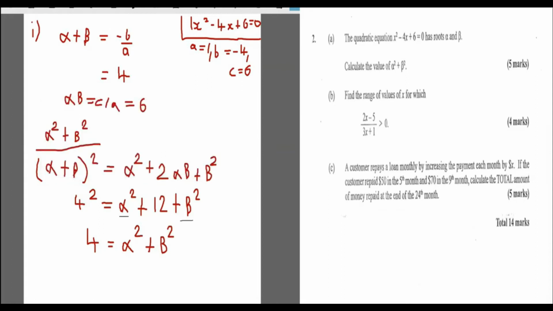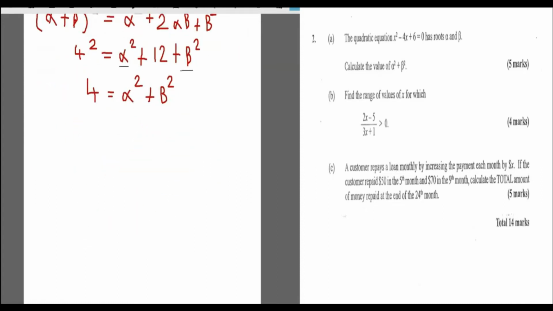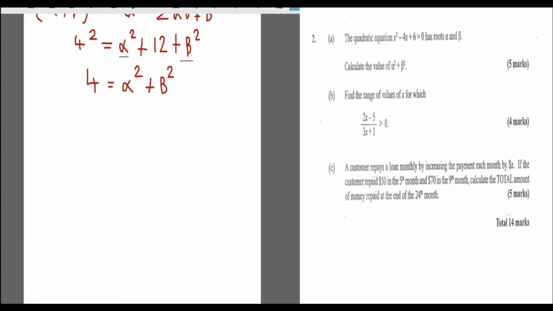Now the second part of the question goes further by asking us to find the range of values for x for which 2x minus 5 over 3x plus 1 is greater than 0. When you're solving a rational inequality, the first step is to convert it to a quadratic inequality.